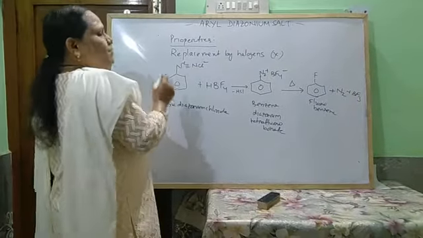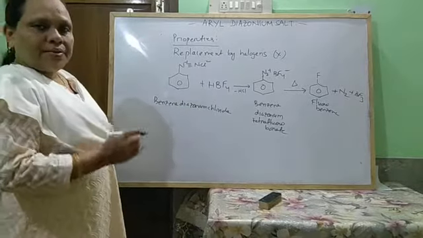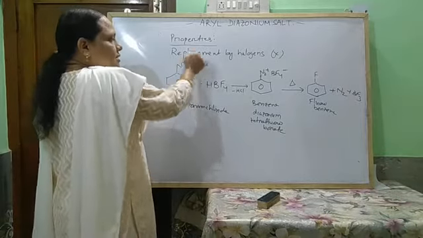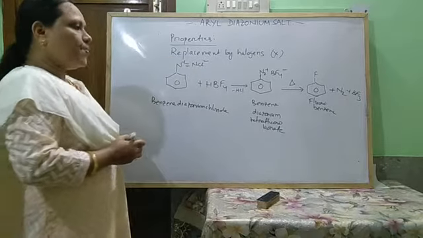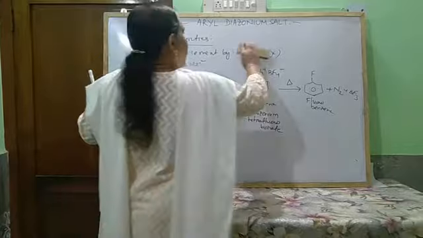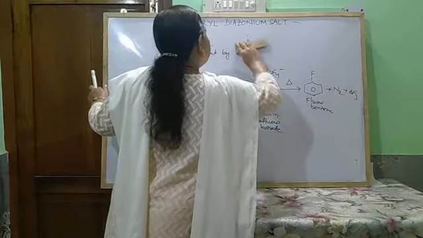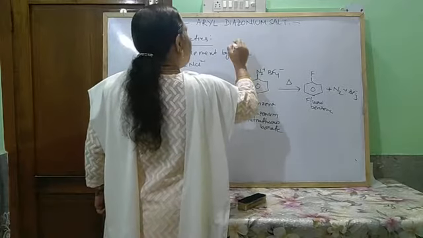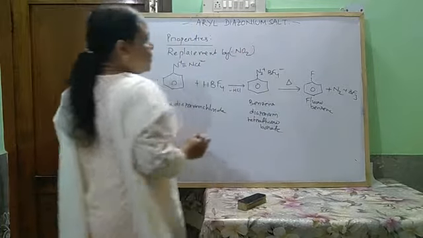So in this way, fluorine, chlorine, bromine, and iodine are substituted for the diazonium group. Next, replacement by the nitrite group. Replacement by NO2, that is your nitro group.